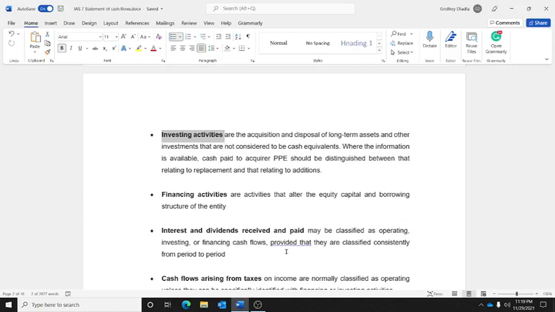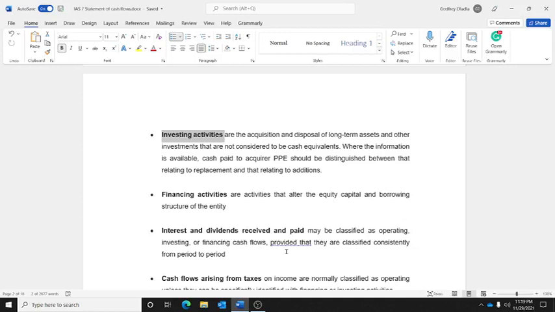Where the information is available, cash paid to acquire PPE should be distinguished between that relating to replacement and that relating to additions. So in short, they're saying if you've got sufficient information in the question, you should state if you are replacing a certain asset or you are acquiring more. Right.